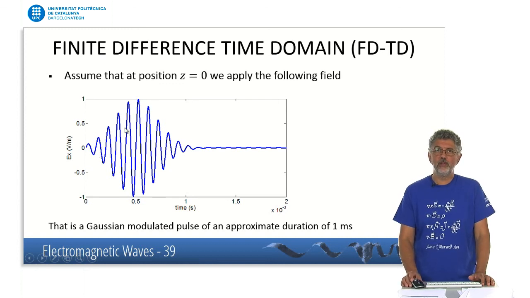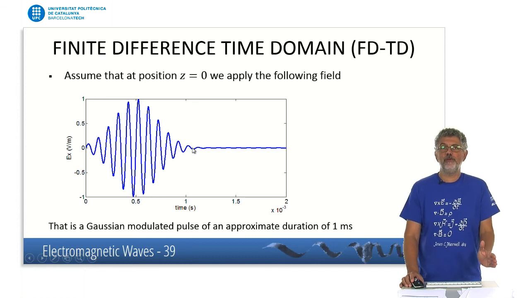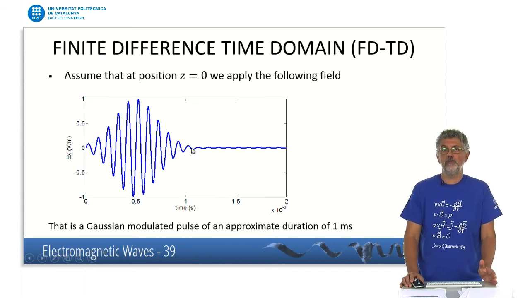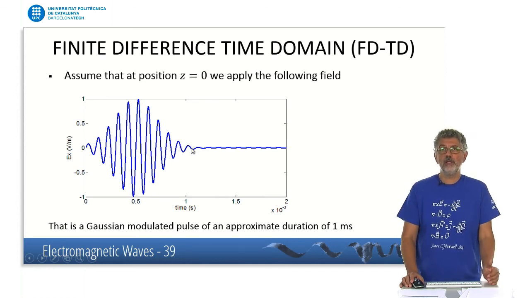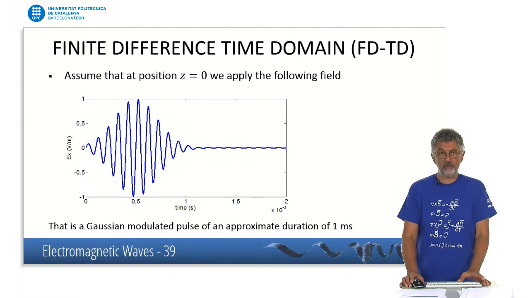That shape is essentially a Gaussian function, and we have a certain modulation here, and you can see that the overall duration of this pulse is about 1 millisecond. Okay, so this is the field we will be forcing at our starting position. We apply the FDTD algorithm to compute at each time interval how the electric and the magnetic field behave.